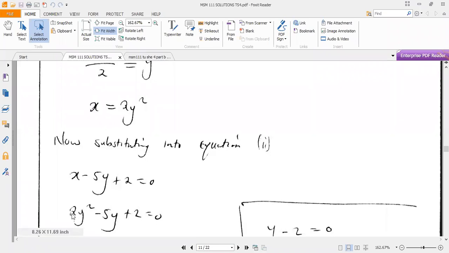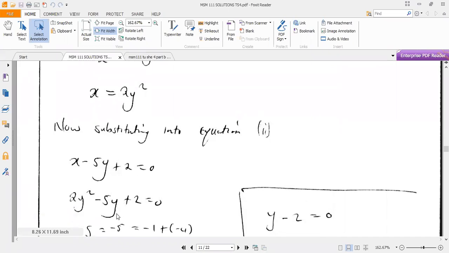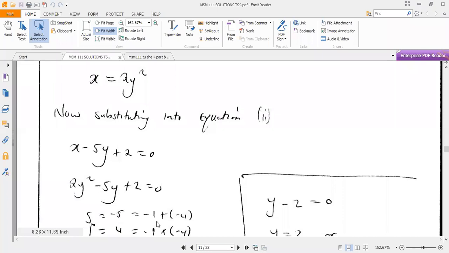Now when you look at this, it simply tells us that the power there is 2, isn't it? It's a polynomial of degree 2. When you're dealing with polynomials of degree 2, they are called quadratic equations. You can solve this using the completing the square method, the quadratic formula, or the factorization method like the way I've used here. So you have the sum equal to negative 5 and the product is 4.